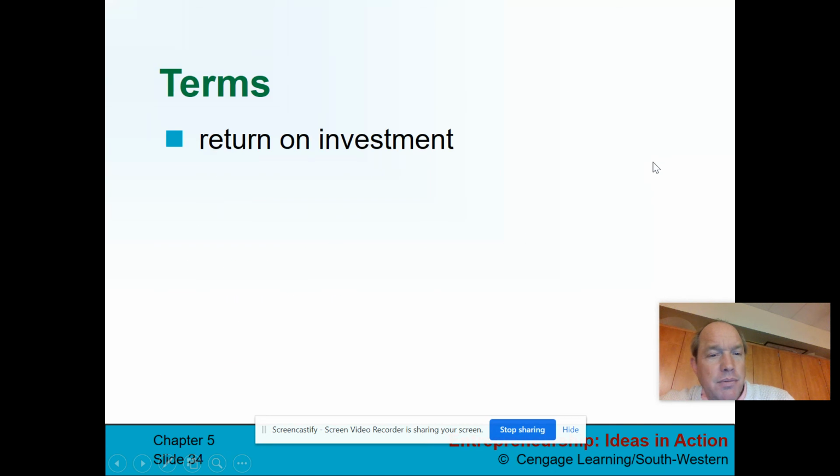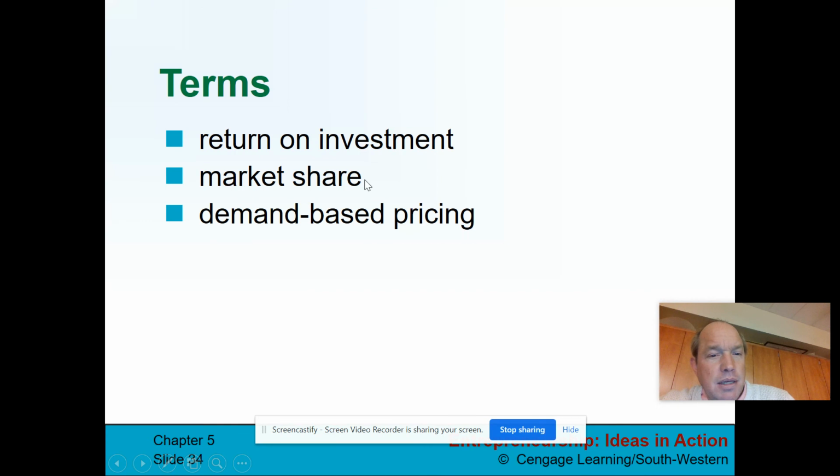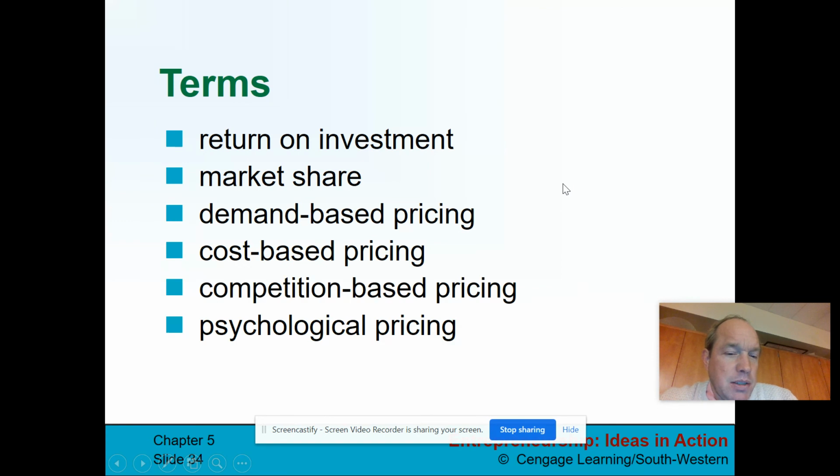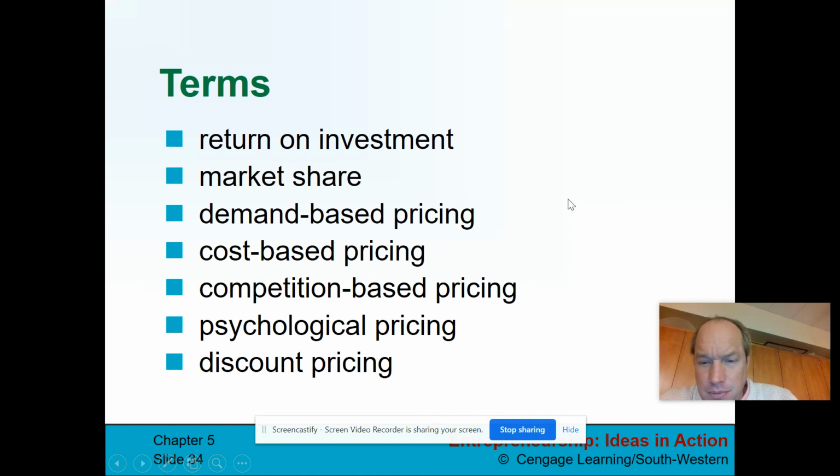Some of the terms are return on investment and market share. These two we talked about. Drew Fidler talked to us about return on investment, and Noe talked to us about market share. Demand-based pricing, cost-based pricing, competition-based pricing, psychological pricing, and discount. We'll probably talk about it a little bit tomorrow.